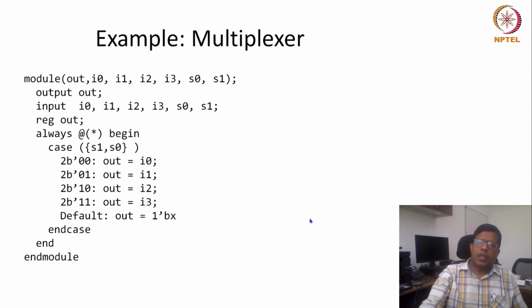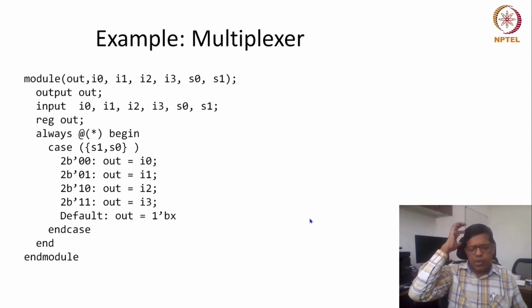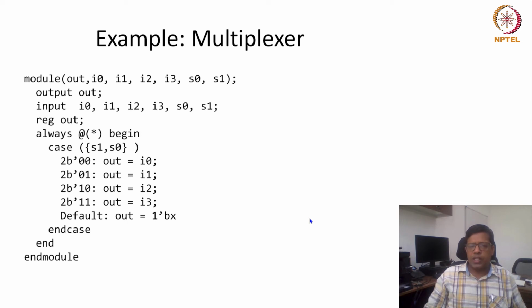Okay, so now let's take a couple of examples of how we can use behavior modeling. We have already seen a multiplexer to a certain extent, but let's do it again. Now I would like to model a multiplexer using behavior model.